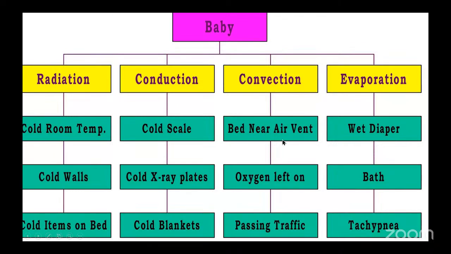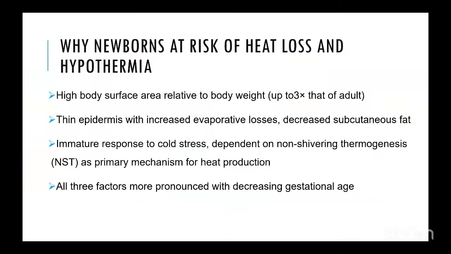Convection: bed near air vent, oxygen left on. So you need to warm the oxygen, and watch for air traffic, air draft. Evaporation: wet diaper, bath, and tachypnea. These are conditions where you will lose the heat.